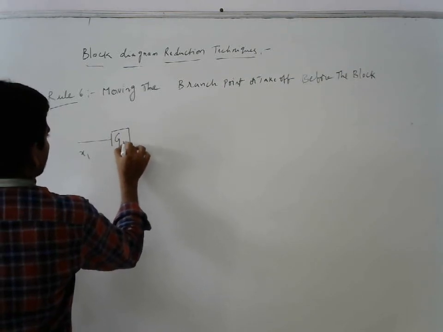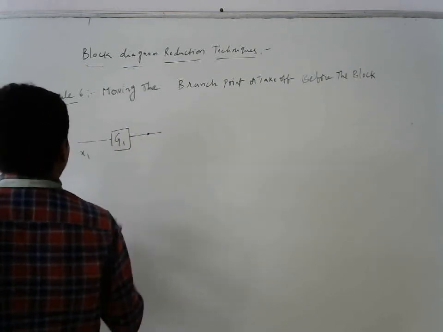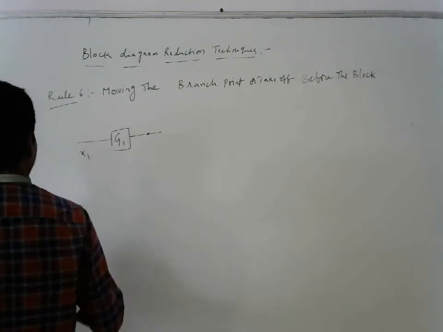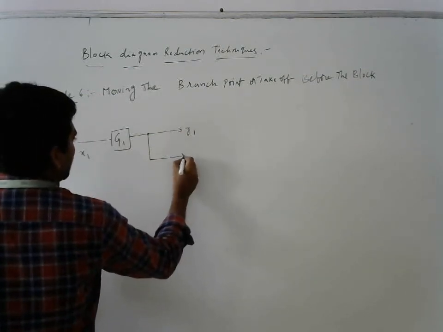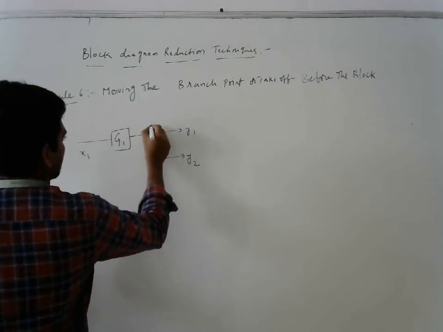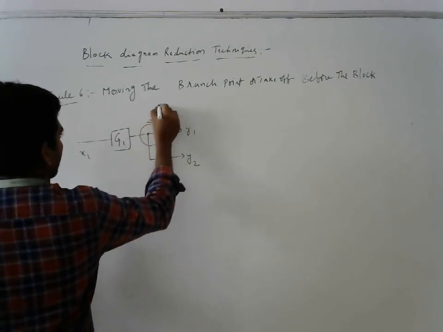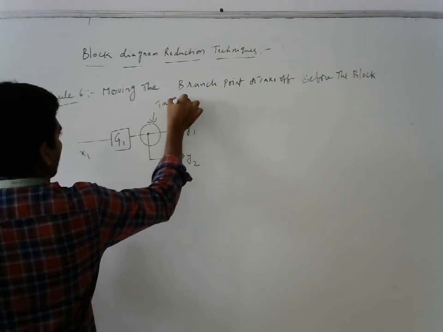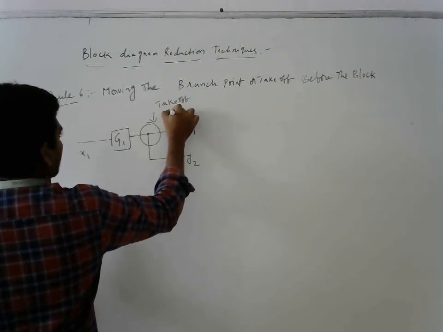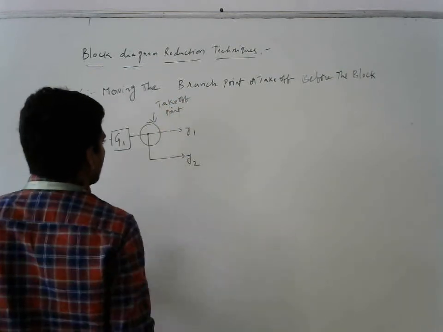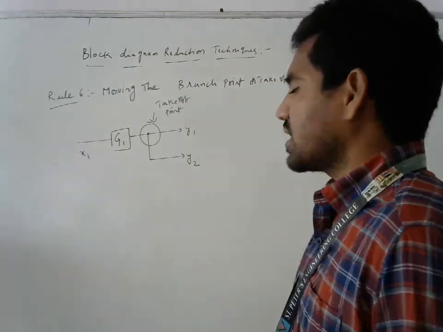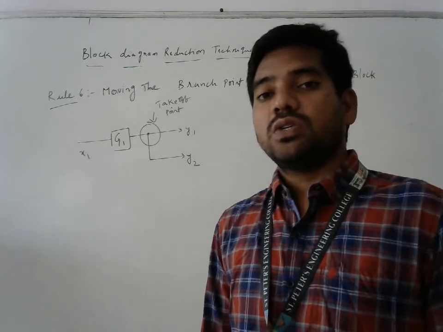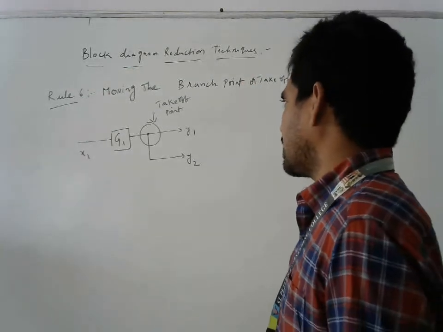I am going to consider g1. Now I am considering a takeoff point here, and the outputs are y1 and y2. This is my takeoff point. Now I want to shift the takeoff point, which is after the block, to before the block.